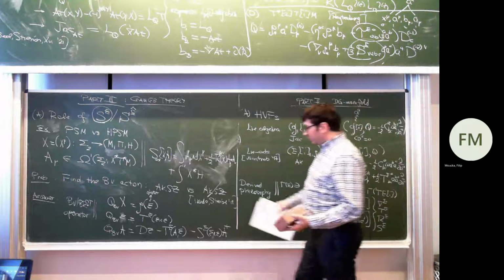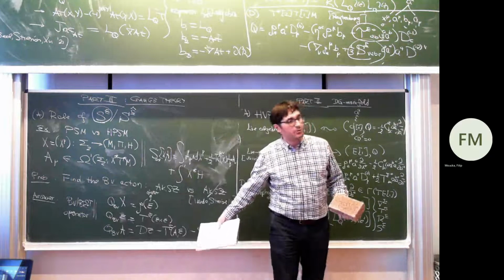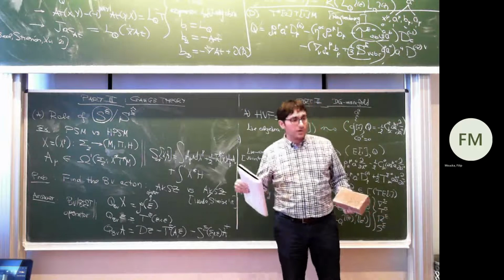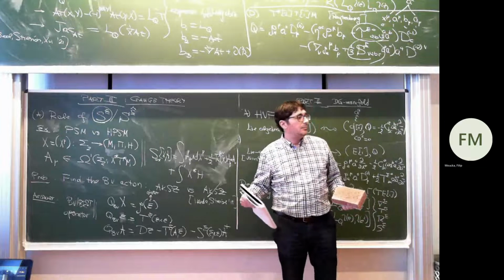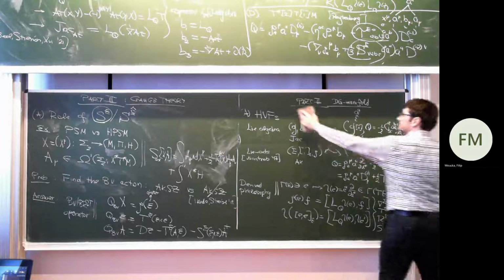And I do think also that we are in the process of doing the same thing for the Courant sigma model and for what would be called pre-Courant sigma models, when you have pre-Courant algebroids as targets.